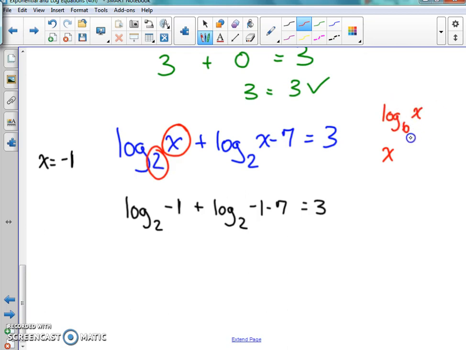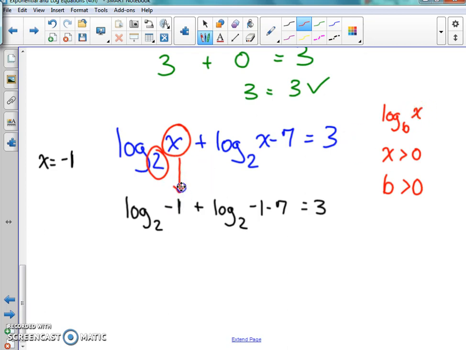We said that x had to be greater than 0, and for b, it had to be greater than 1. But they both had to be greater than 0, which means they both had to be positive numbers.